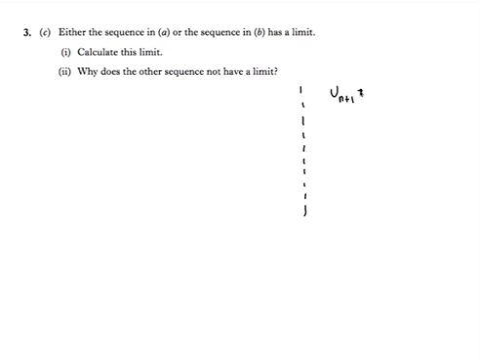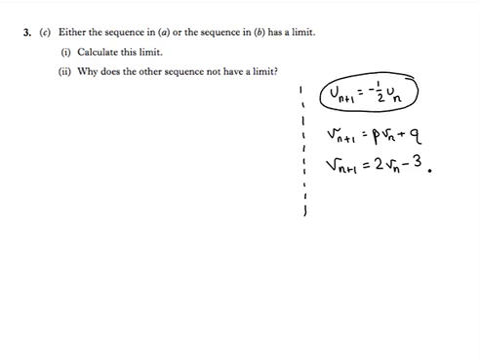The term following un you get by multiplying by -1/2, and in part B, the term following vn is obtained by multiplying by p and adding q, and we discovered that p was equal to 2 and q was -3, so adding -3 is the same as subtracting 3. So there's our two sequences, the part A sequence and the part B sequence, and it involves limits.